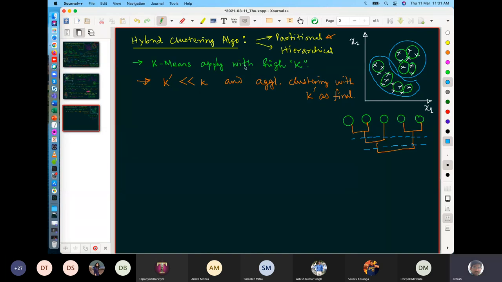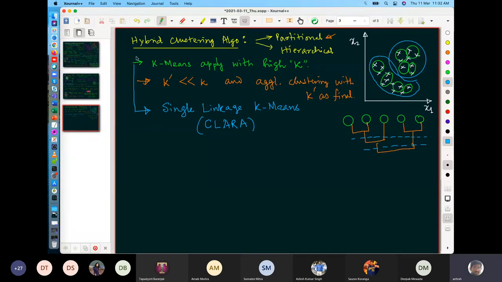Since this algorithm uses both the concepts of partitional as well as hierarchical, we call it single linkage k-means. In colloquial machine learning terms, you will also see this algorithm called the Clara algorithm.